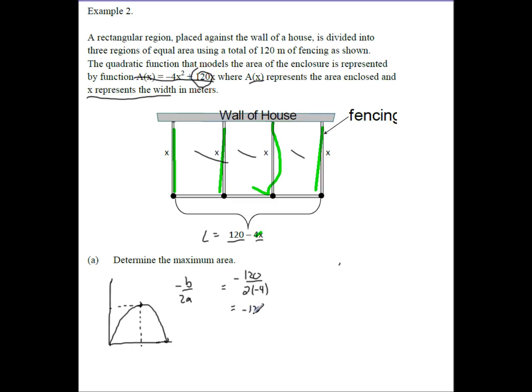So negative 120 divided by negative 8. That will be 15.